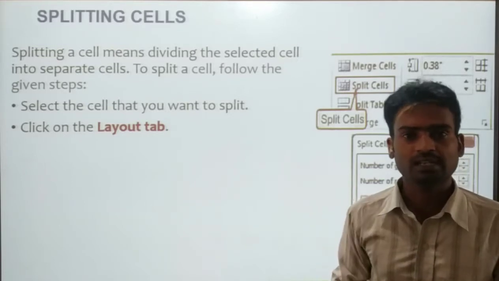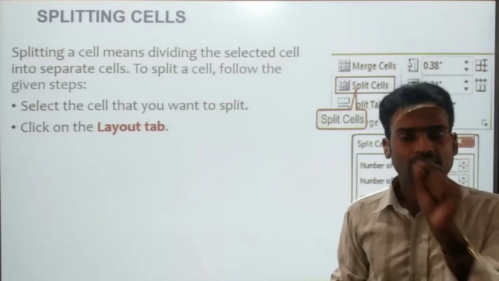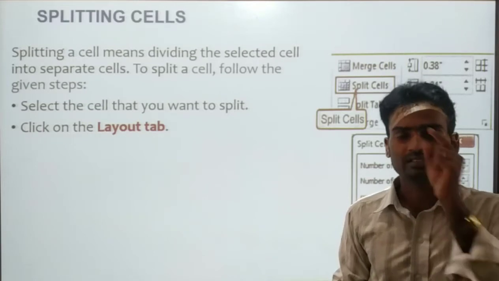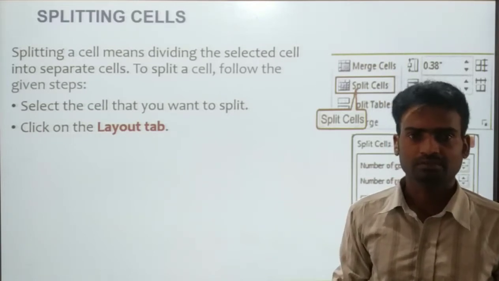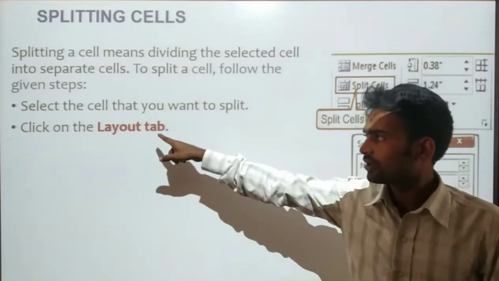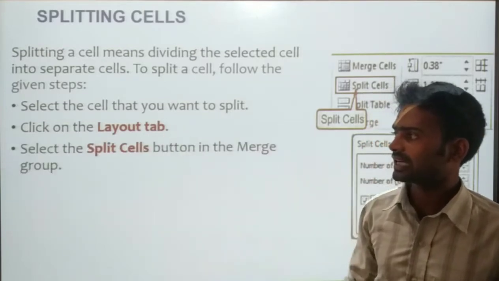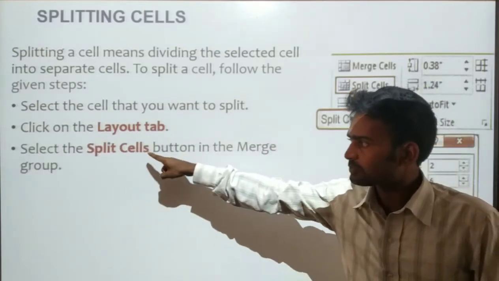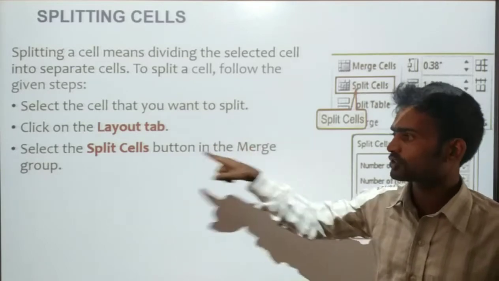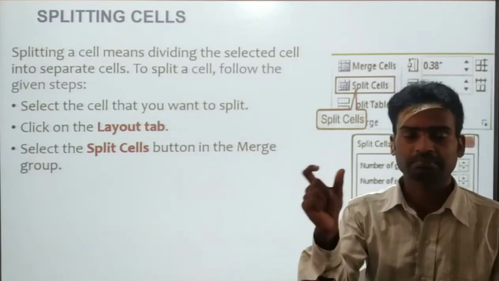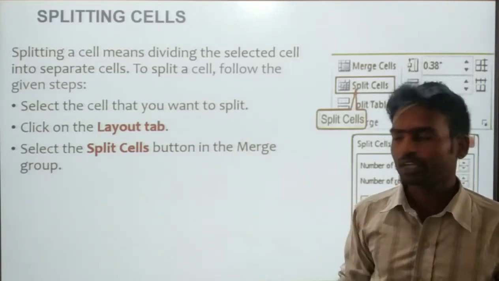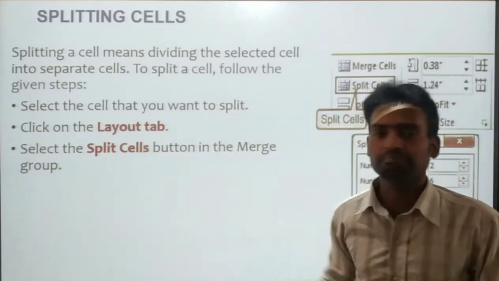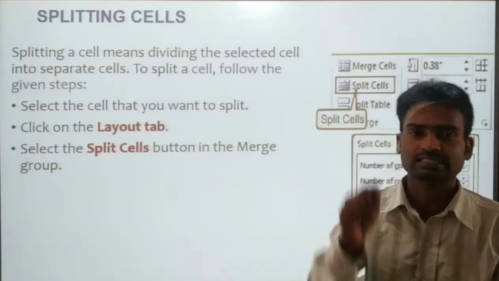When we select a particular cell, the Design and Layout tabs automatically appear in the Table Tools menu. After clicking the Layout tab, select the Split Cells button in the Merge group. In that Merge group, you can see the Split Cells option. So we have to select that.